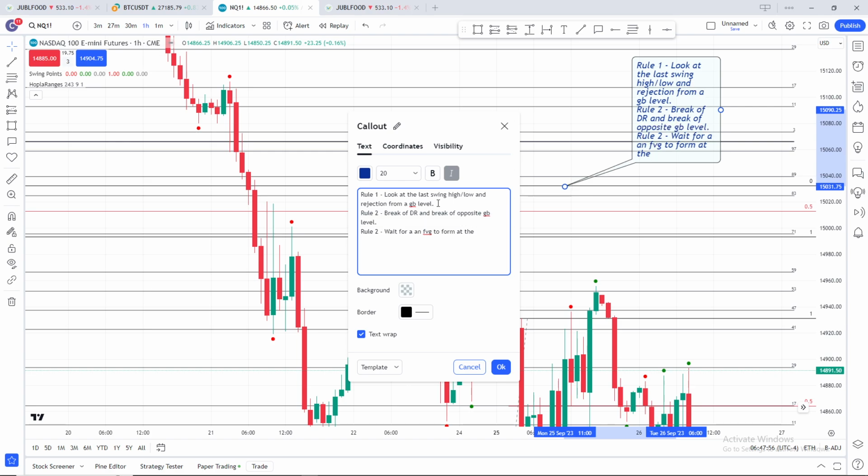We need to understand the market structure shift, so then we definitely know we are bearish in this example. Rule number three: wait for an FVG to form at the same or opposite GB level from where the sell began.